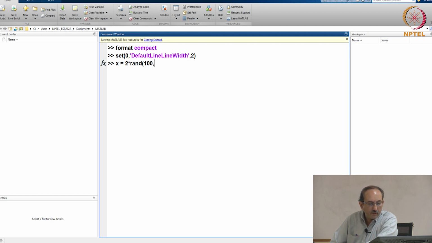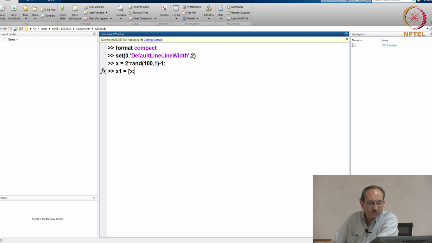So, rand gives me uniform, randn will give me Gaussian, normally distributed random variables. So, you need to look up rand and randn in MATLAB. Here I am having 100 samples. If x is uniform between 0 and 1, 2 times x minus 1 will be uniform between -1 and +1. And then I am going to let only the first 100 samples be uniform, the rest I will make 0.